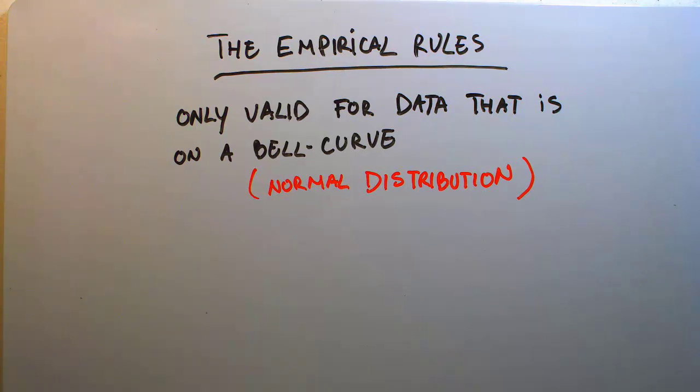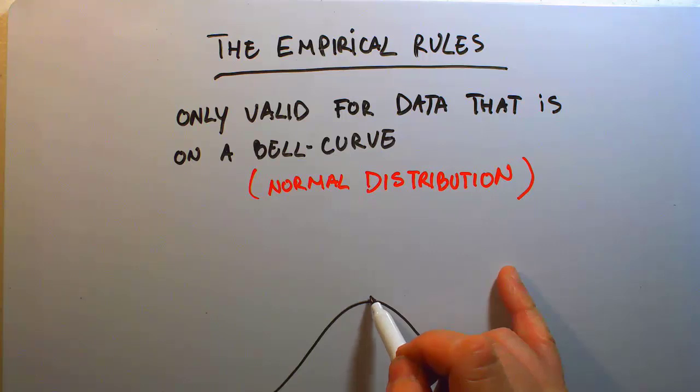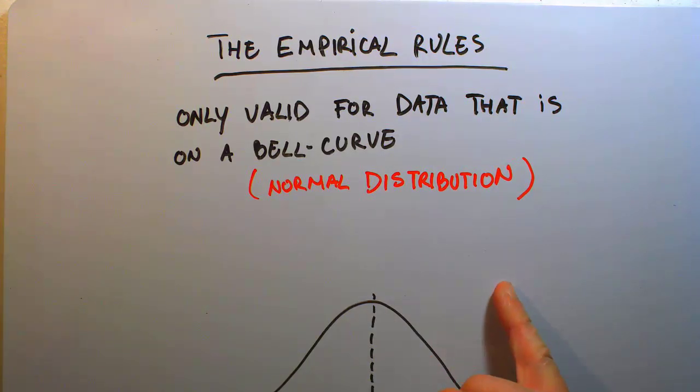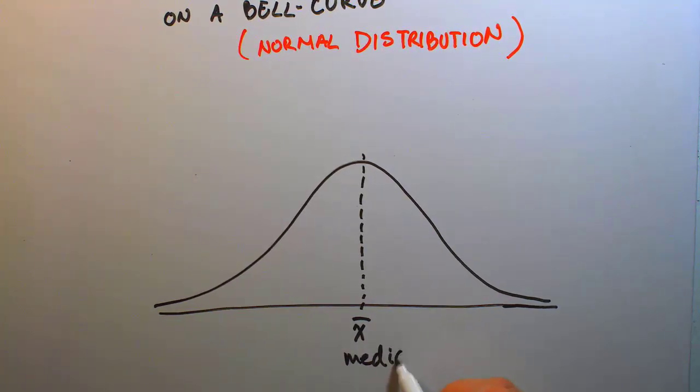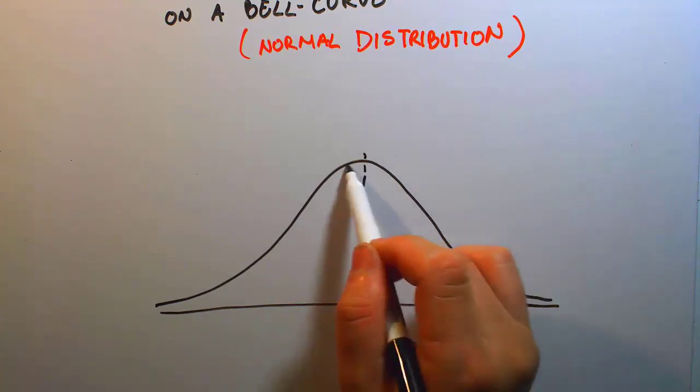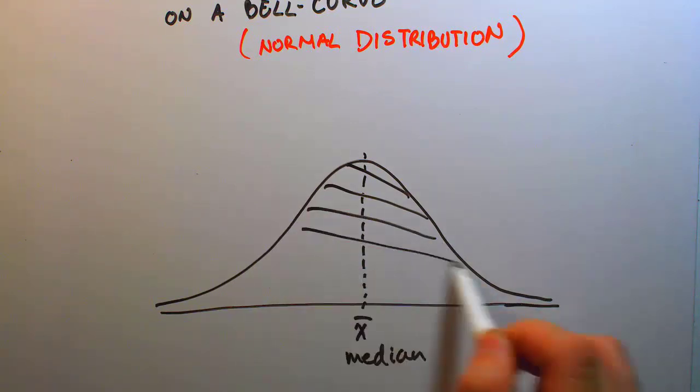Anytime you're on a bell curve, I explained earlier that you don't need to worry anymore about three different types of center, because they're all at one place. The mean is here.